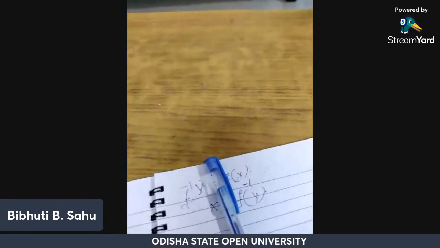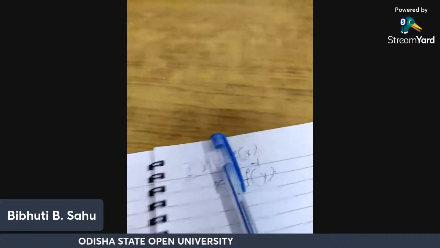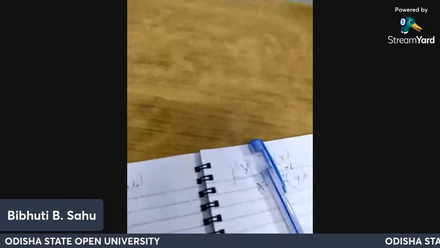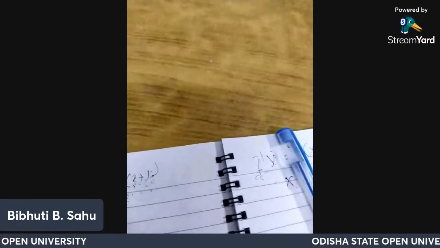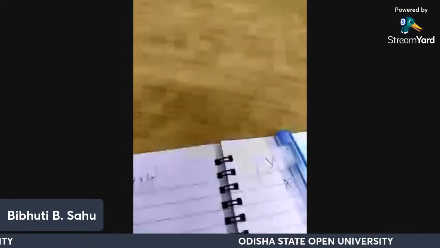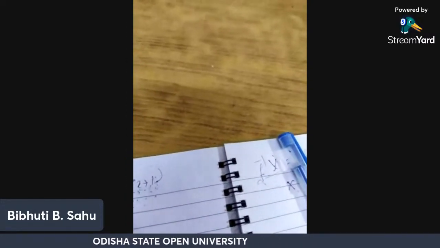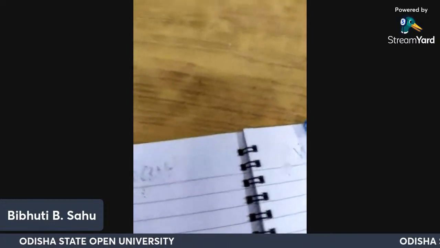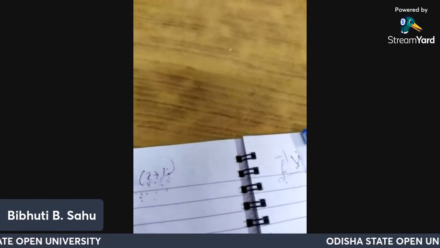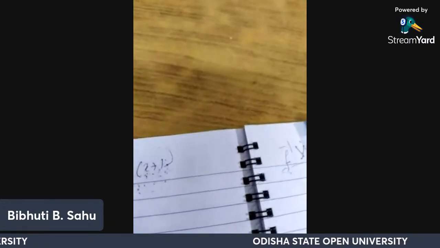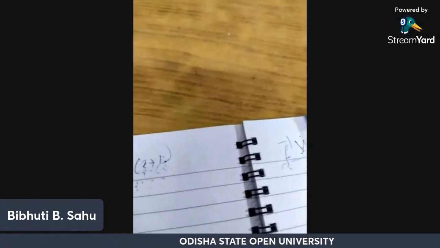Functions can be bounded, unbounded, and so on. So we have different functions: constant functions, polynomial functions, linear functions, rational functions, non-algebraic functions, and likewise.